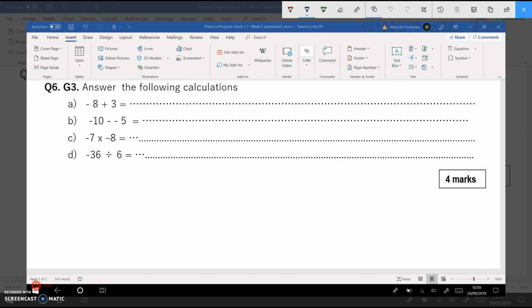Question number 6. Answer the following calculations. We've got -8, add 3, and I'll use a number line to help me with this.